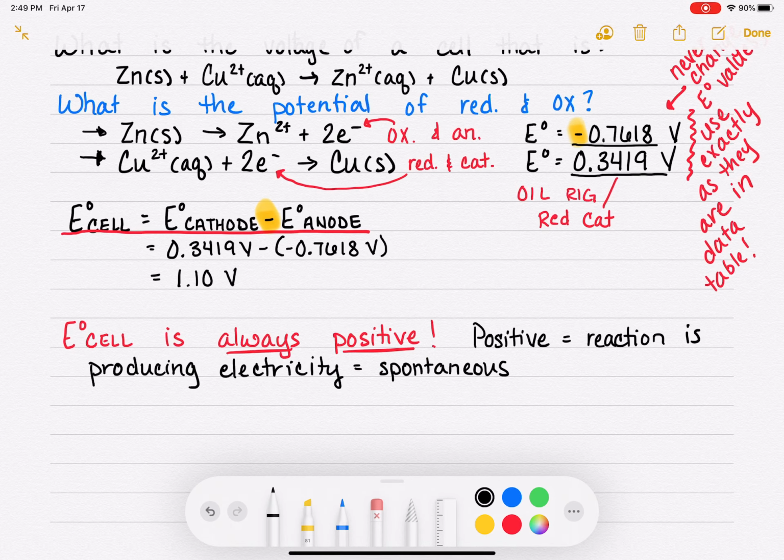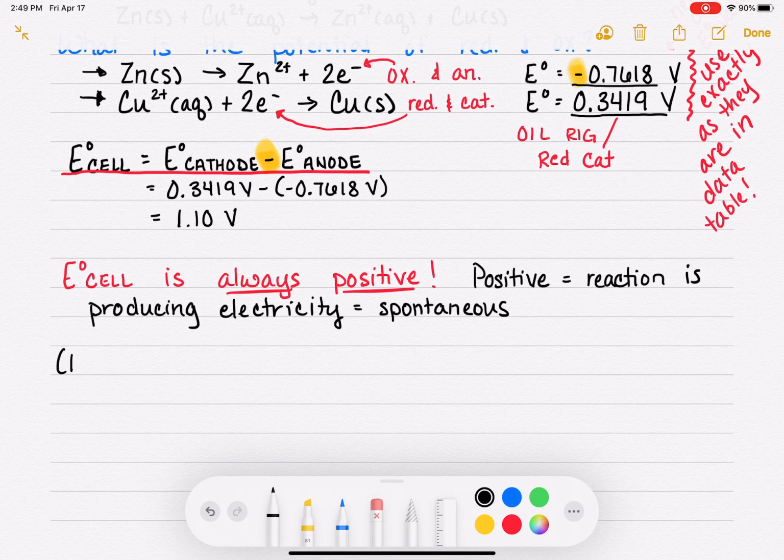If you were to calculate a negative E-cell, that means that the reaction requires energy. We are going to talk about reactions that require energy. Those reactions are called electrolysis, which you've probably heard of before.